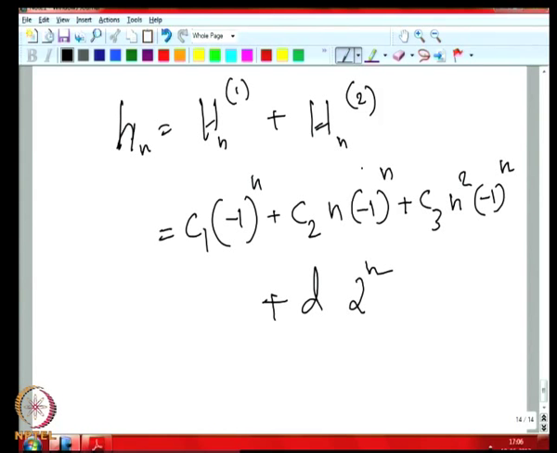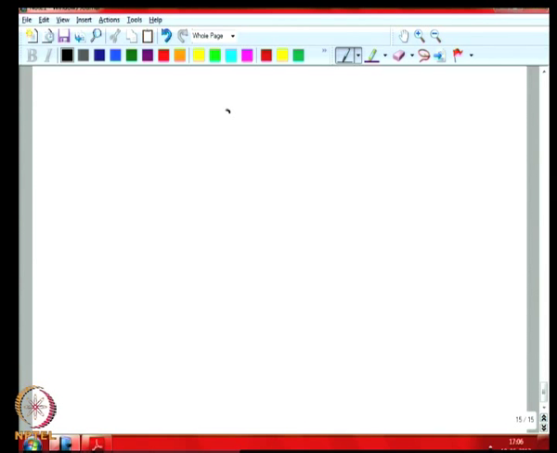Put n equal to 0 here, C2 and C3 will go away, and we get C1 plus D equal to 1. Sorry, that is 1. So, H1 equal to 1.